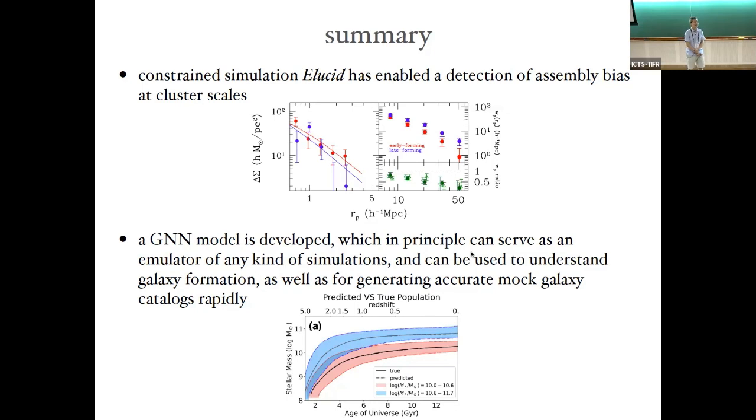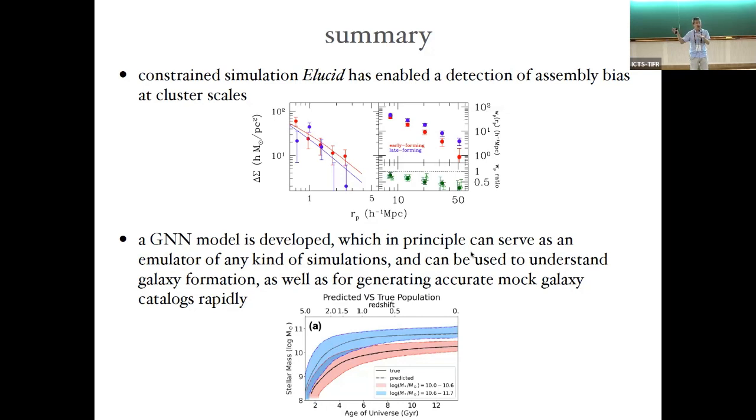Sorry, an unrelated question, but since it's a talk on ELUCID and there was a talk on bulk flows in the morning, has your group looked at bulk flows in ELUCID around Milky Way sized halos? Right. Even though ELUCID is a very high resolution simulation, the way they constructed the density field is after some smoothing.